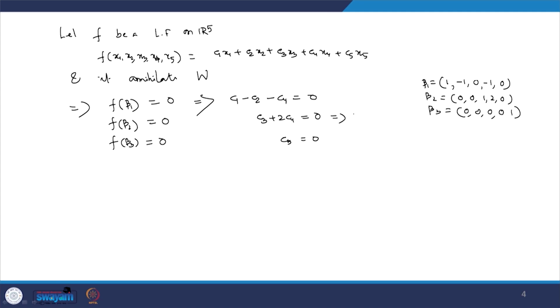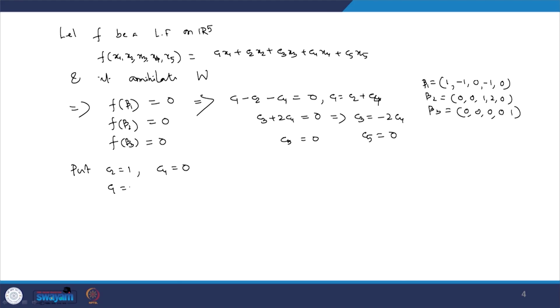This implies that C3 is equal to minus 2 C4, and C1 is equal to C2 plus C4, and C5 equal to 0. So this means I have two free variables, C2 and C4. Put C2 equal to 1, C4 equal to 0, then C1 will be equal to what?